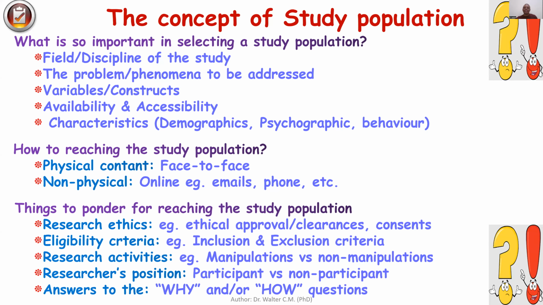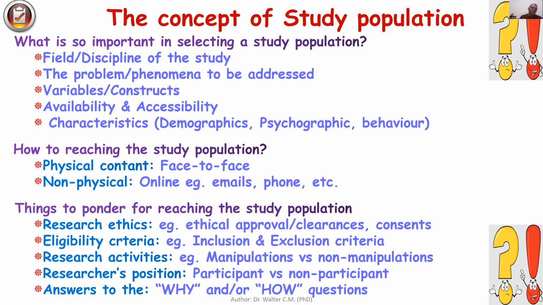But if you are in science and technology, and your technology literacy is good, you can reach them using technology, where you can do research online. You can send questionnaires through emails, through phone calls. Those are the ways to reach your study population using technology.